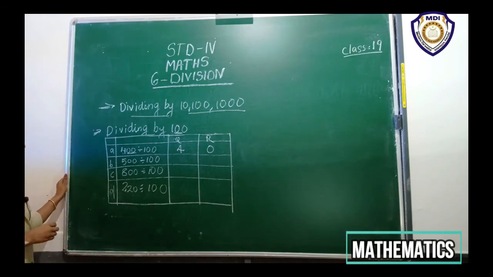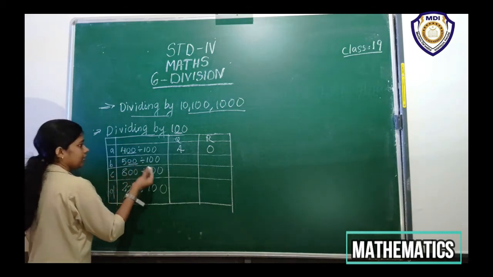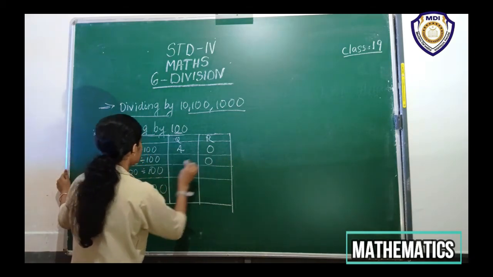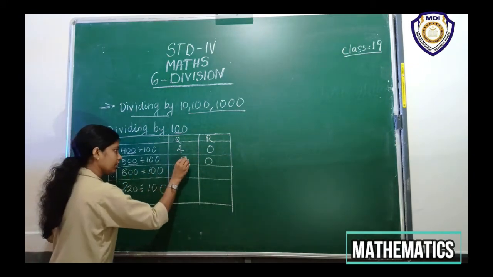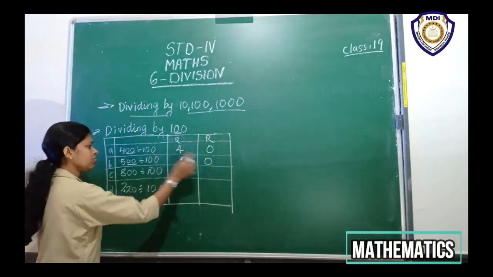Then 500 divided by 100. Write 0 here, then 5 is the quotient. Here there are 2 zeros; we write only 1 zero.